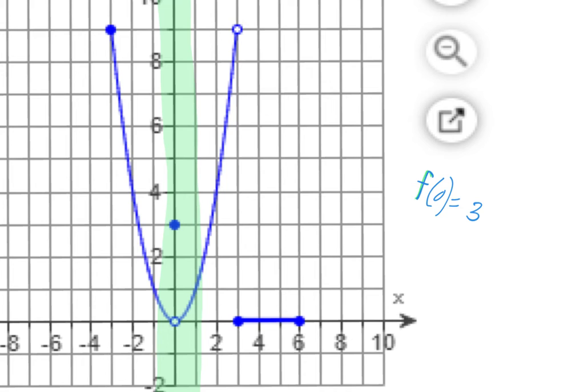Because as we are approaching the green line, as we are approaching 0 from the left side, those y values are getting smaller. They're going to 0. From the left side, they're going to 0. They're actually going to 0 from the right side as well. So the one-side limit from the left is 0.